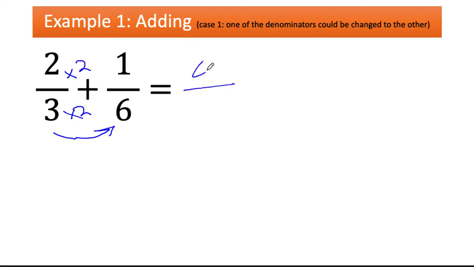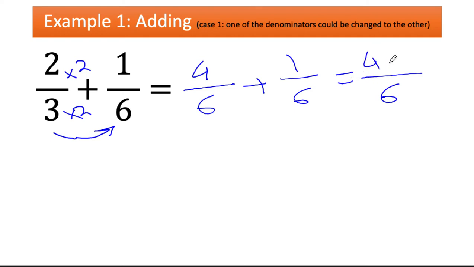So the answer will be 4 over 6. And don't forget to write the other fraction, which is 1 over 6 here. Now, the question changed. We have common denominators now, so I write 6 here, and in the numerator 4 plus 1, which is 5 over 6. The question here is, do we need to simplify it more? Can we? The answer is we cannot, so we will proceed.